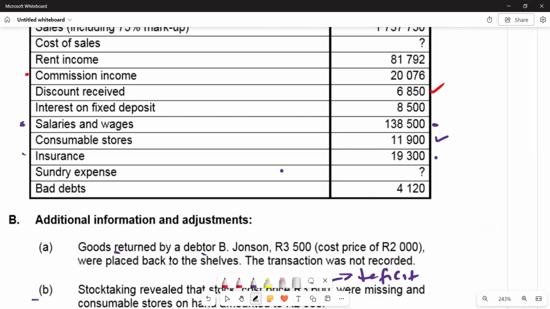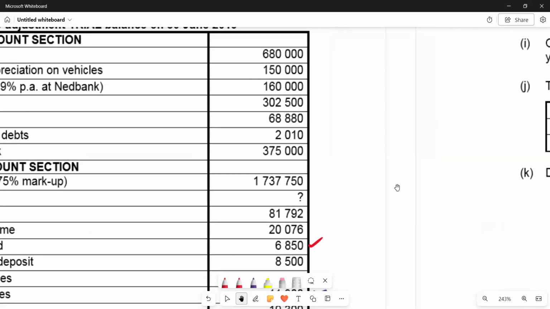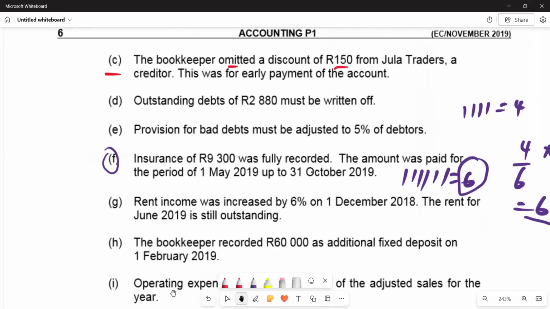And then we've got bad debts, which is 4,120. Right, we've got our bad debts. We can now check additional information if you've got any other bad debts that is going to increase that figure. Go to additional information. We've got D, which says outstanding debts of 2,880 must be written off.